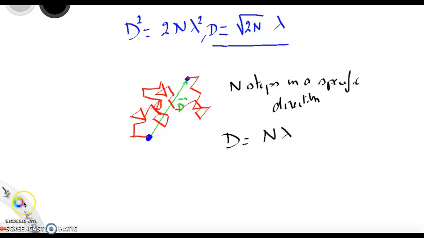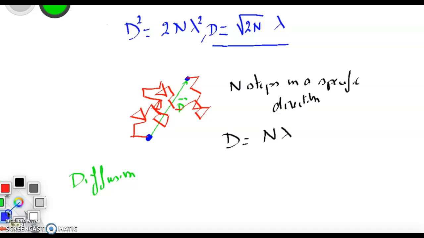In that situation, for diffusion, what I'm noticing is that the distance I'm going to move away from the point from where I started is actually proportional to the square root of n. But then how much time did I take to travel that distance that is expressed in terms of the square root of n? It's basically n times the time it takes for each step.